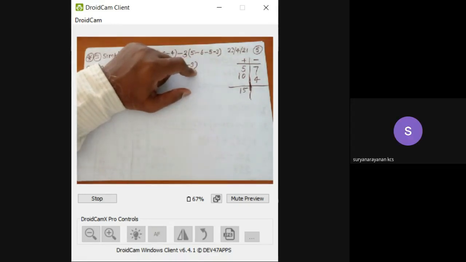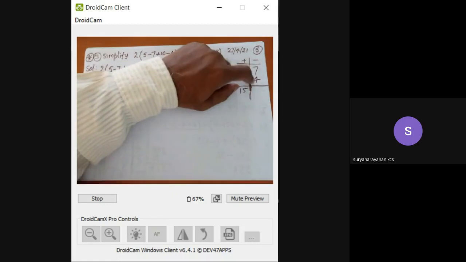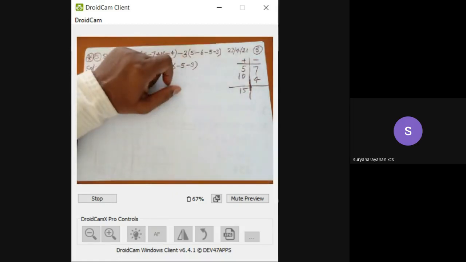Yes, sir. What will you get by simplifying these two numbers? 3, sir. Is it right, Anmol? Yes, sir. Is it right, Srujana? Tell me, Srujana. Sir, it is 11. Very good.